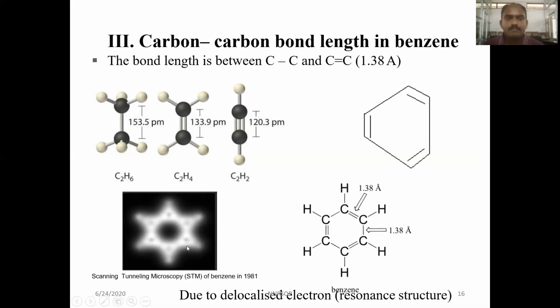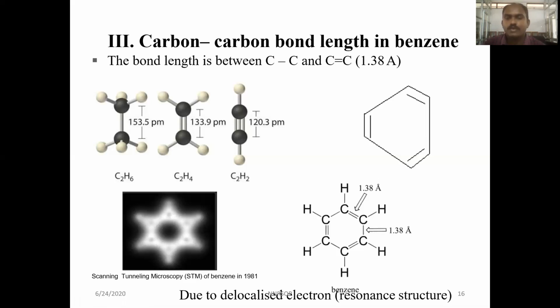All the carbon-carbon bond lengths are the same in the structure. So the carbon-carbon bond length in benzene is the same, between 1.54 and 1.34. It is 1.38 angstroms.